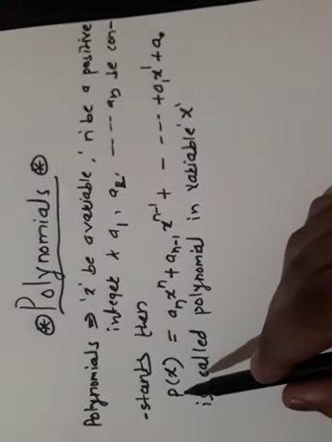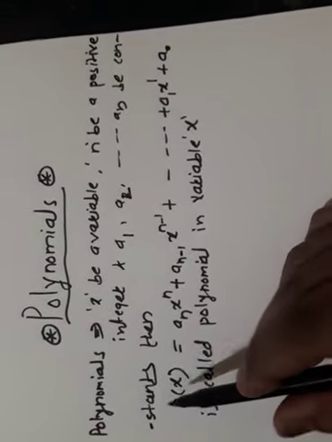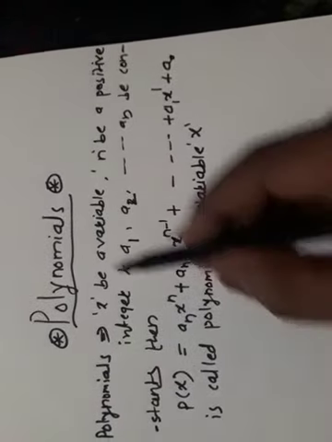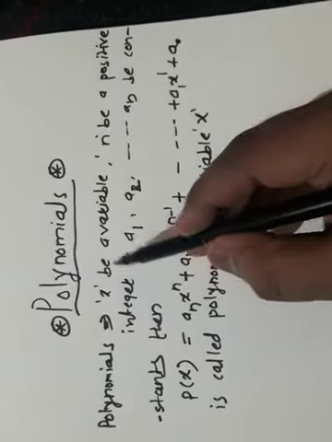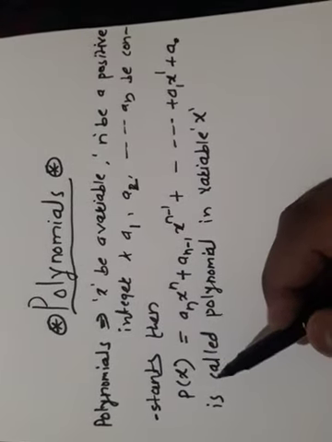Then P(x) means polynomial in x. Why have I written only x here? Because I have taken variable x. Suppose you take a different variable, then you have to write the different variable over here as well.